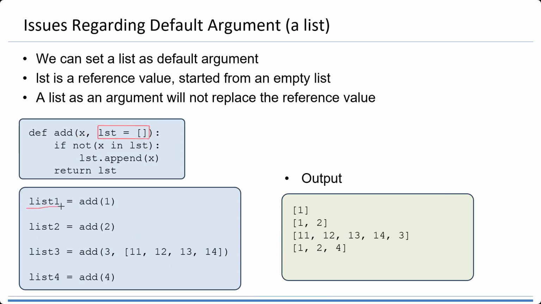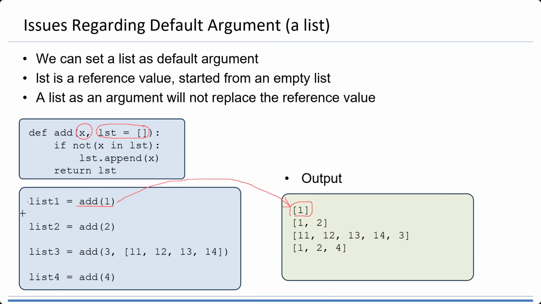We will check this one. list1 equals add(1). What is it? Add 1 means I have one value and the other parameter is an empty list. So when I do add 1, the result will be 1. So I'm adding 1 into a list.